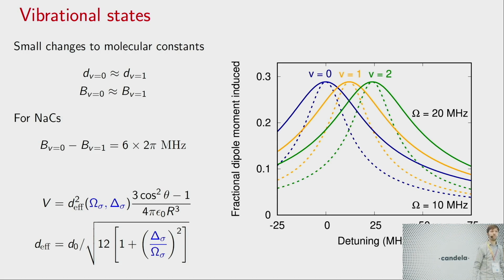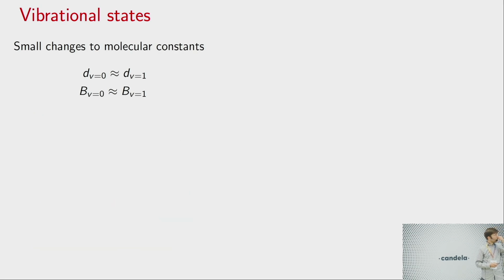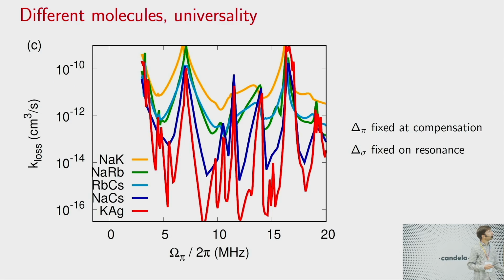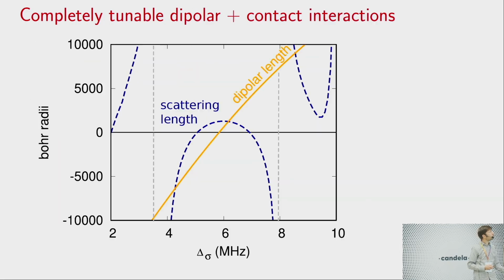Arthur? Yes, I have a question about the simultaneous tuning of the scattering length and the dipolar length, which you very nicely showed for NaCs, like the nice curve. So I was wondering if you get a similar figure also for fermionic molecules, or if it looks completely different. To look at what would be the scattering length? I mean, for dipolar fermionic molecules, you should also get the equivalent of a scattering length. Yes, I mean, it would.